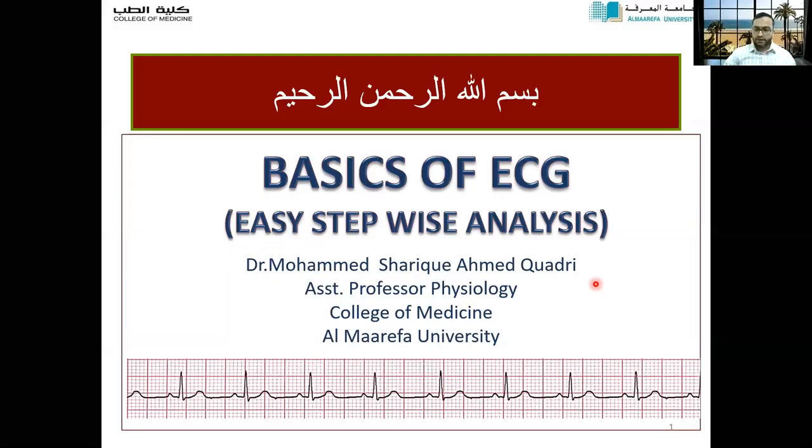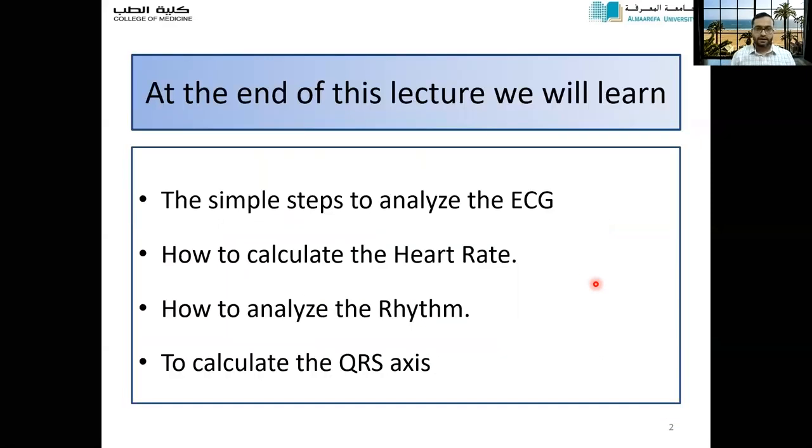So to begin with, our objectives for today's session are that we should learn some simple steps to analyze the ECG. At the end of the session, you will be able to calculate the heart rate and analyze the rhythm.